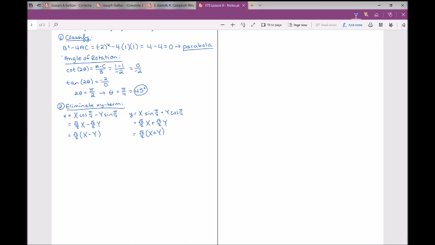Okay, so now that we have our expressions for little x and little y, we can plug this into our equation. So let's start with our original equation. We had x squared minus 2xy plus y squared minus 2x plus 4y is equal to 0. If we plug in x and y, we get the following.